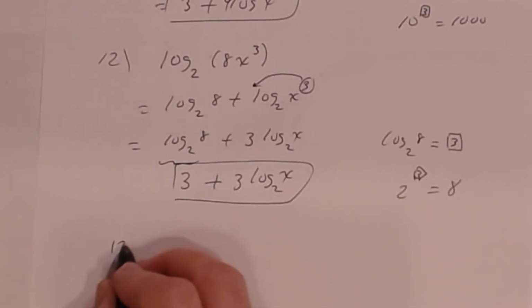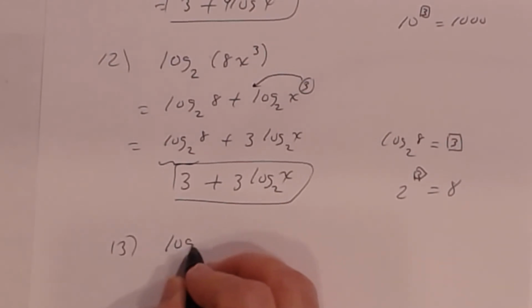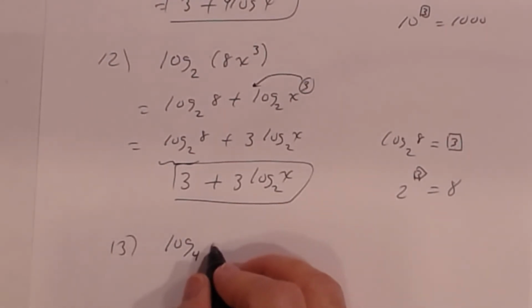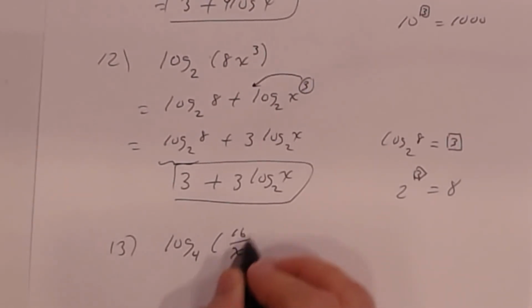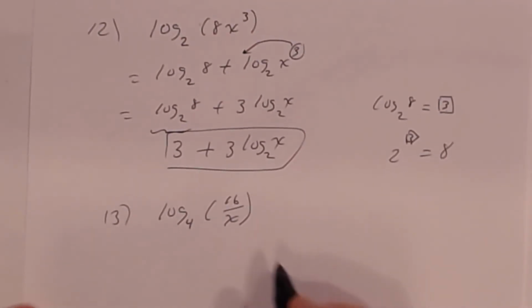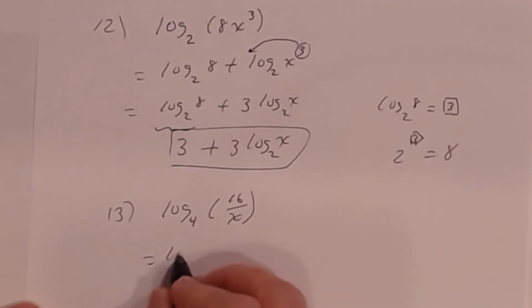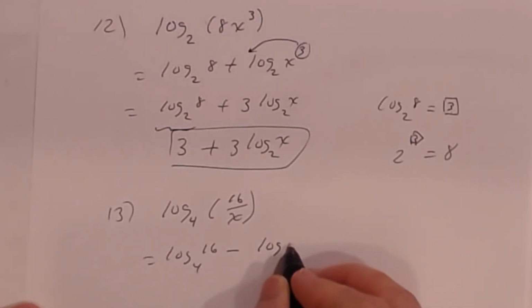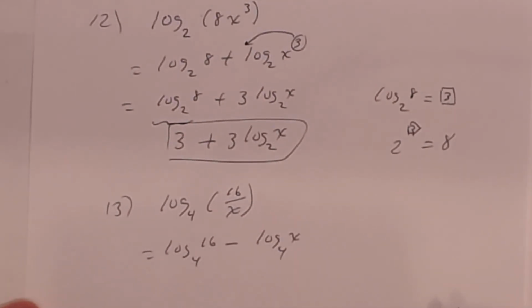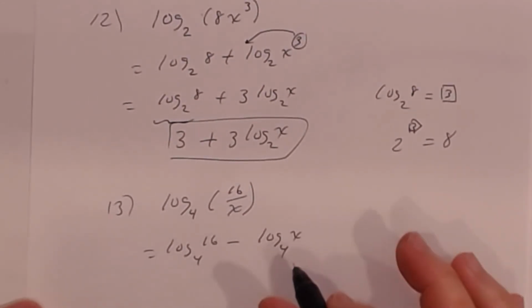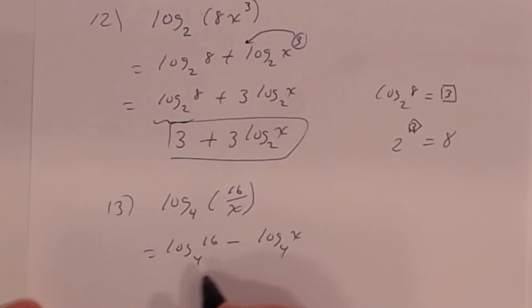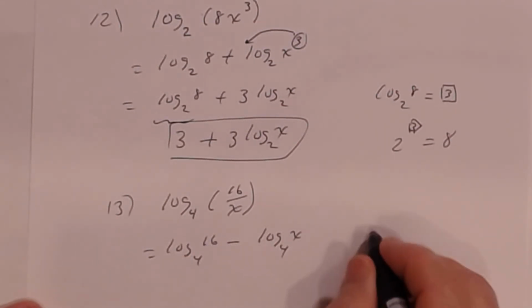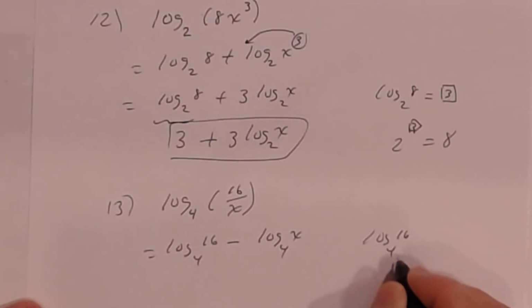And it's kind of like saying this. Watch real quick. Suppose I had log base 4 of 16 divided by x. I'm going to use the quotient rule first. So it becomes the log of 16 base 4 minus the log of x base 4. If you leave your answer like this, you're not going to get all your points, because you see the log of 16 base 4?